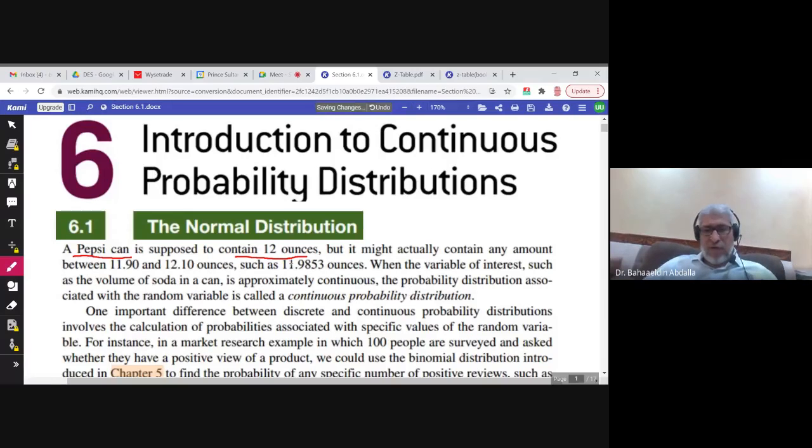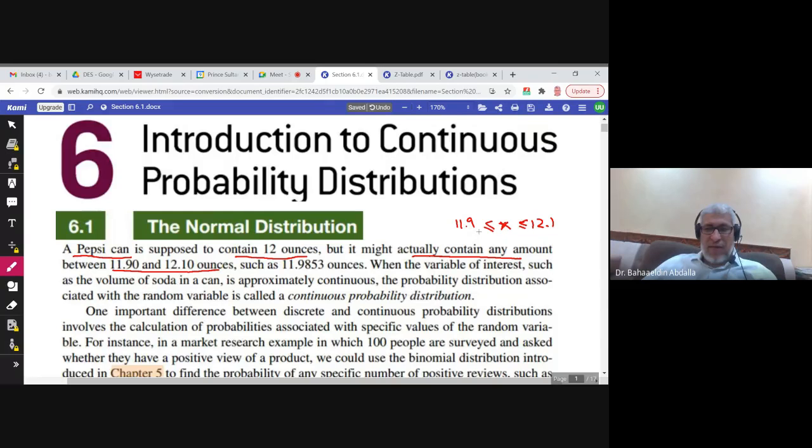So the volume of the can is X, the random variable, and it could be 12, but it might actually contain any amount between 11.9 and 12.1.